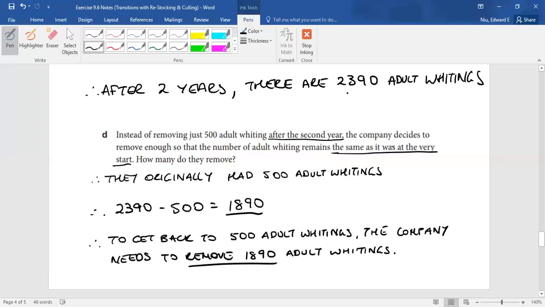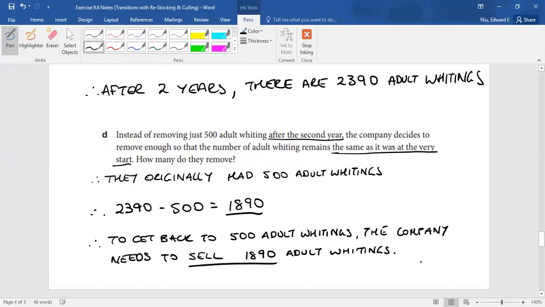So at the moment, we have 2,390 adult whitings. We've established that they originally started with 500. So what they currently have, deduct what they want left, is how much they need to sell off to restaurants, which is 1,890 whitings. To phrase that into a sentence, to get back to 500 adult whitings, which is what they started with, the company needs to remove or sell, sell's a better word, 1,890 adult whitings.